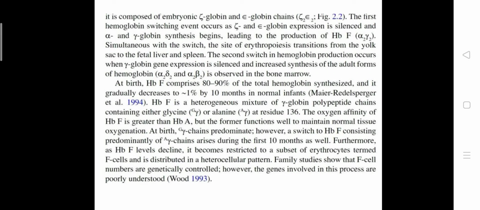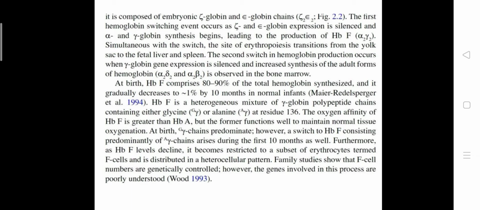Embryonic hemoglobin is composed of embryonic zeta globin and epsilon globin chains. The first hemoglobin switching event occurs as zeta and epsilon globin expression is silenced and alpha and gamma globin synthesis begins, leading to the production of hemoglobin F. Simultaneous with this switch, the site of erythropoiesis transitions from the yolk sac to the fetal liver and spleen.